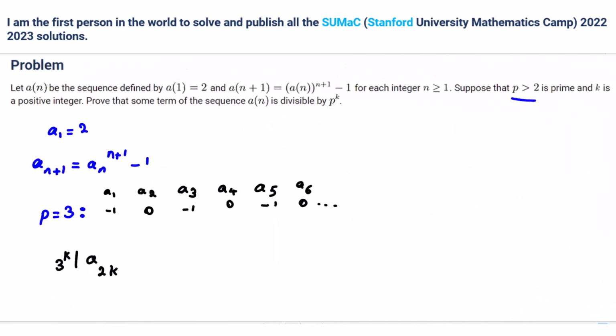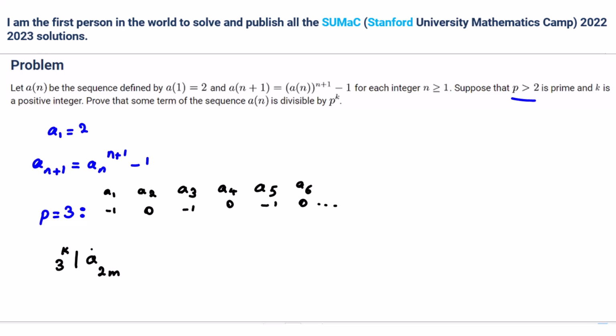I think I proved it. Can you explain? Yeah, I'm just going to use induction on it, and say that first we assume the 2kth term equals 0 mod 3 to the k. Okay, so look, when you say 2k, let me change this k to m, okay?